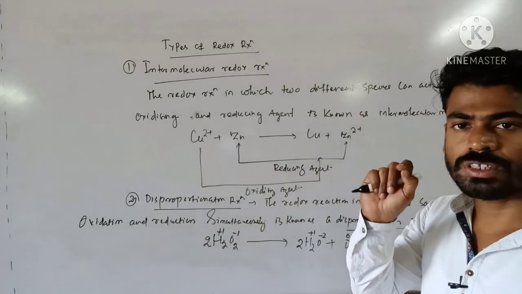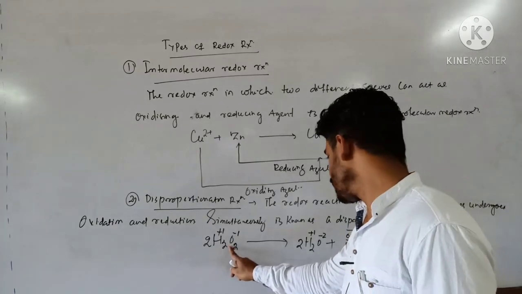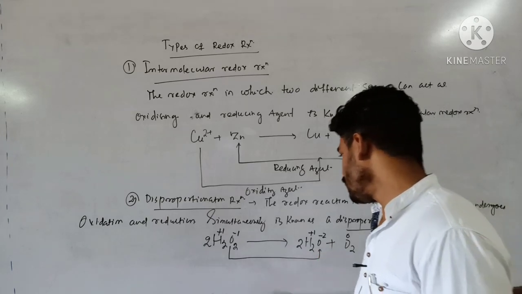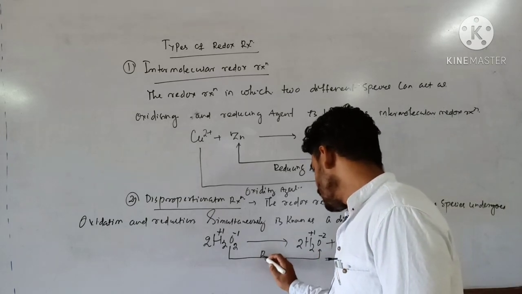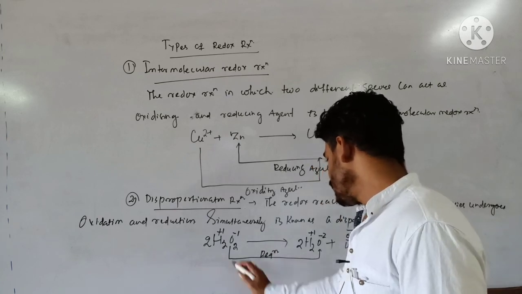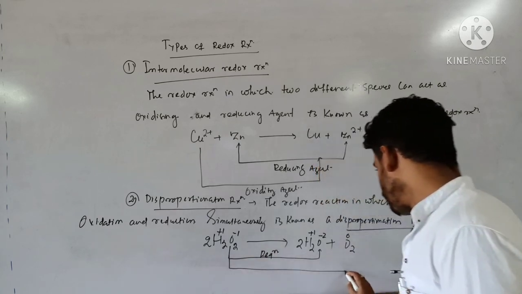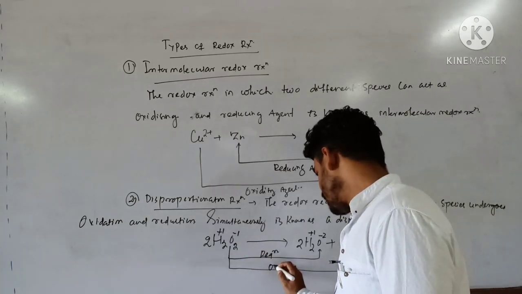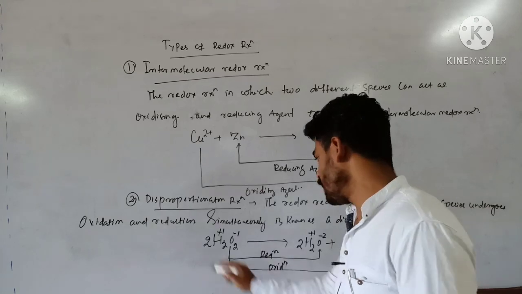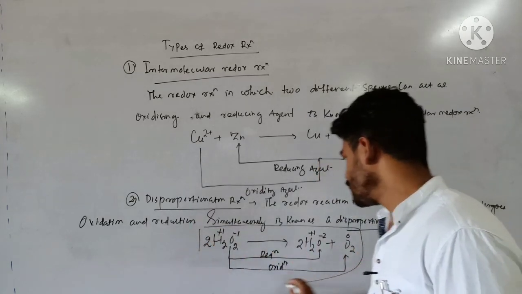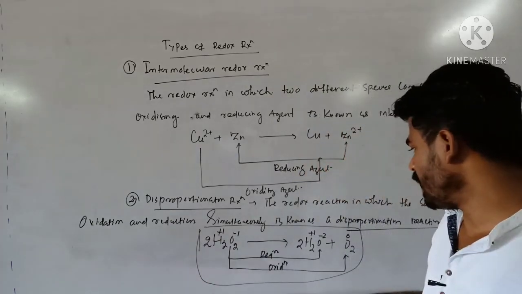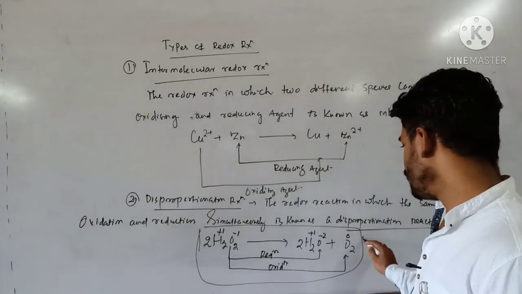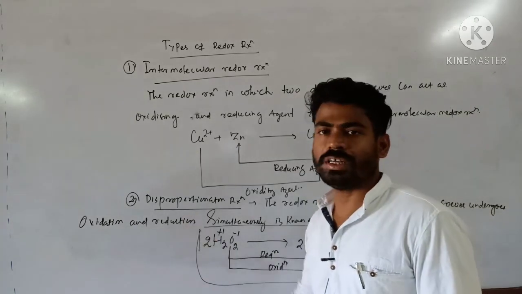You just focus on the change in oxidation number of oxygen. Oxygen -1 to -2, that is reduction, increase in negative charge. Again, same oxygen, -1 to 0, that is a decrease in negative charge, that is oxidation. So overall, in this reaction, the oxygen of peroxide, hydrogen peroxide, simultaneously undergoes oxidation and reduction. That's why this one is an example of your disproportionation reaction.